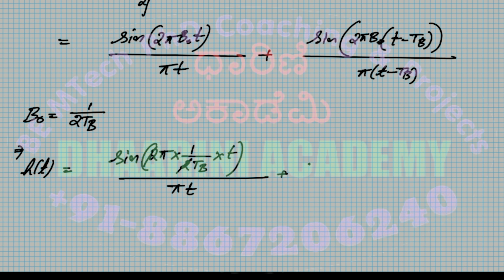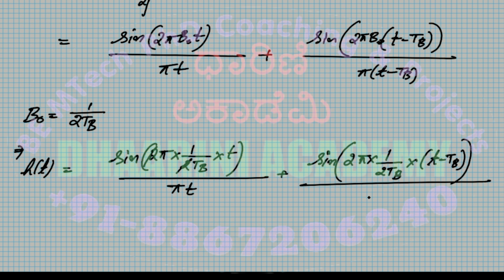Plus, once again, sine of 2 pi into B naught, which is 1 by 2 times tb, into (t minus tb), whole divided by pi times (t minus tb).